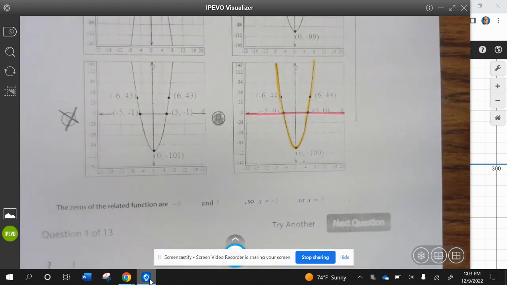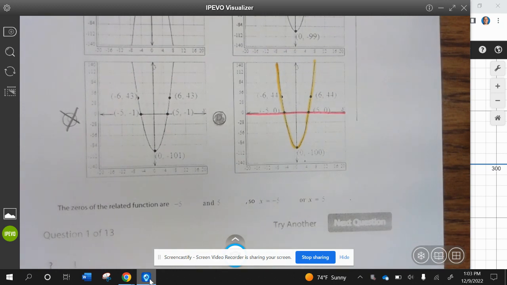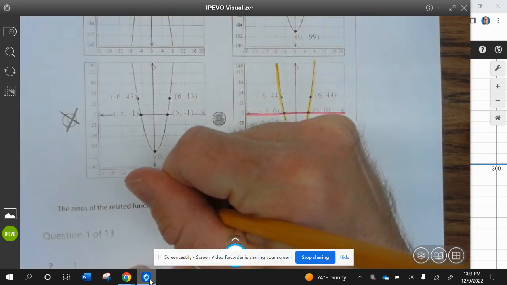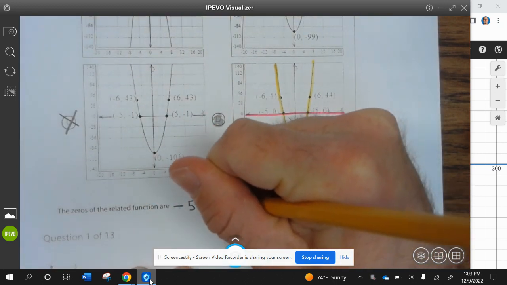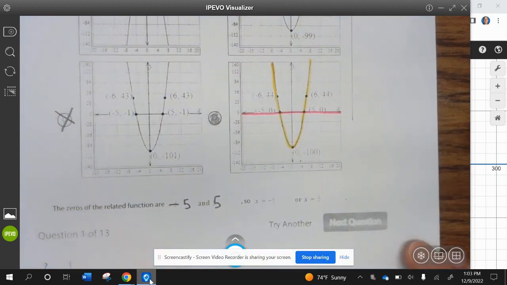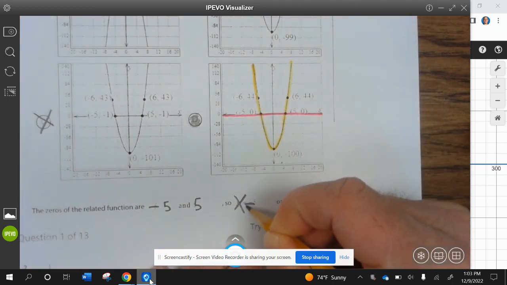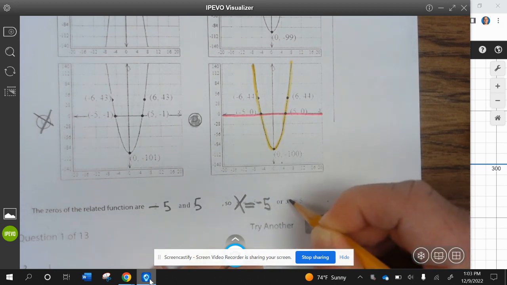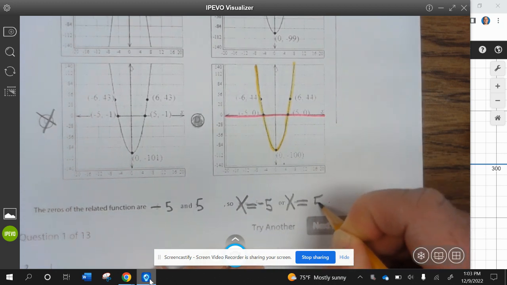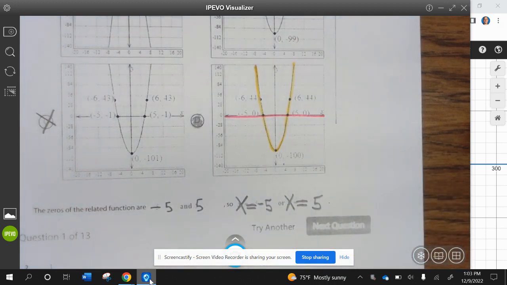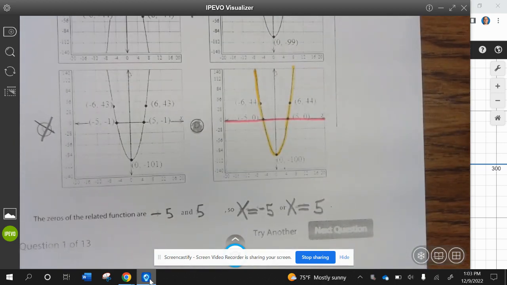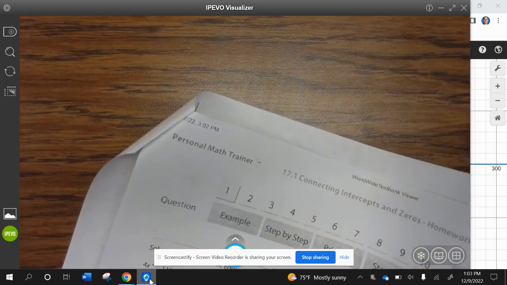All right, so the zeros of the related function are negative 5 and 5. So x equals negative 5 and x equals 5. All right, let's take a look at the next example.